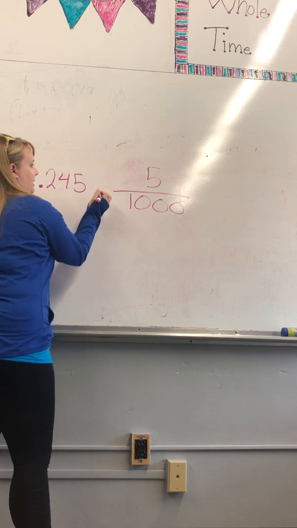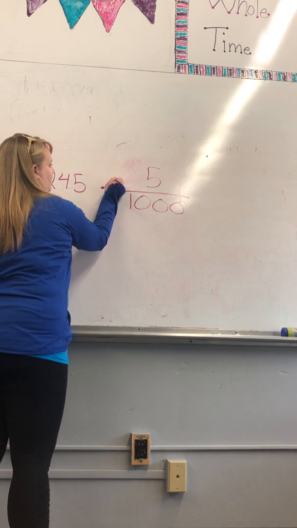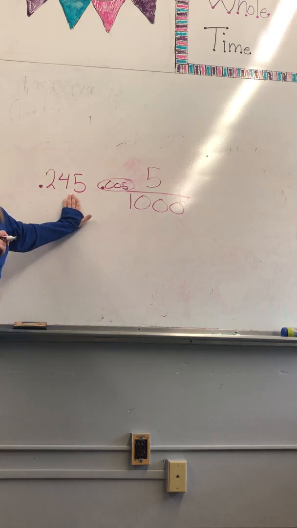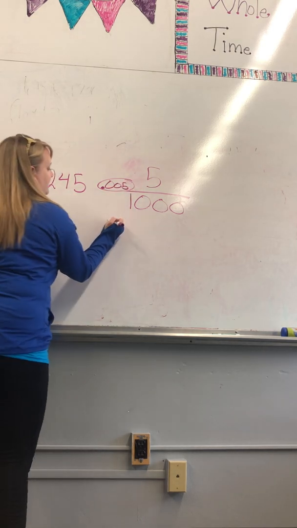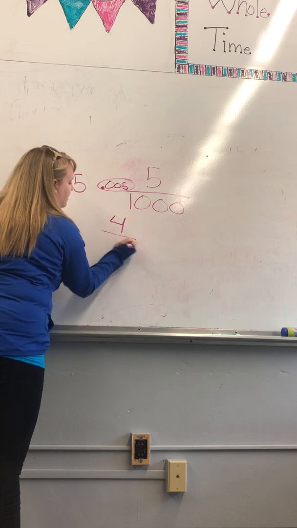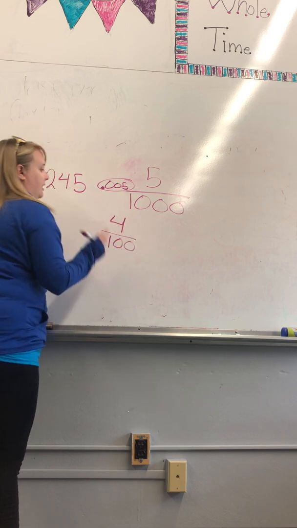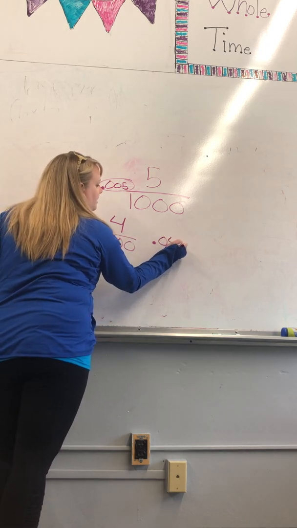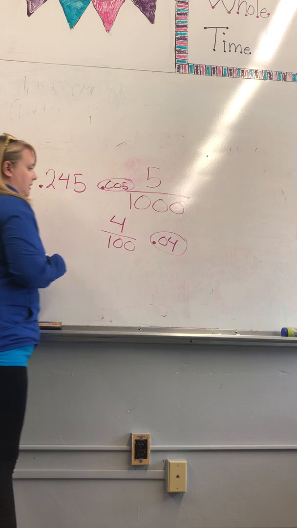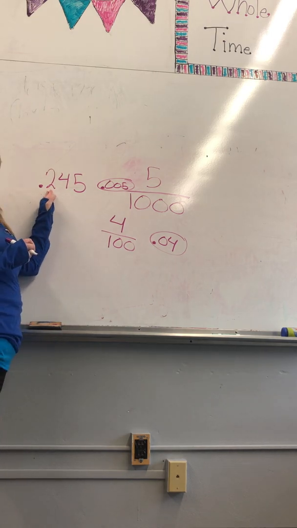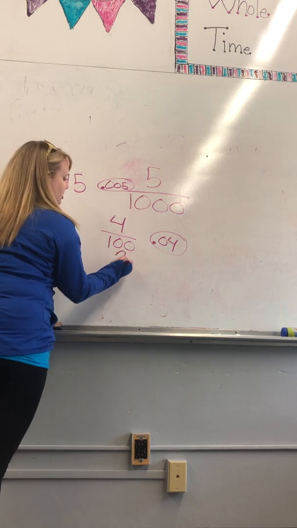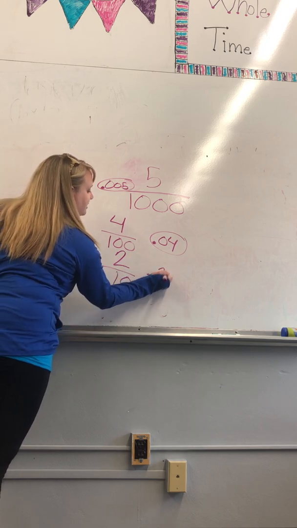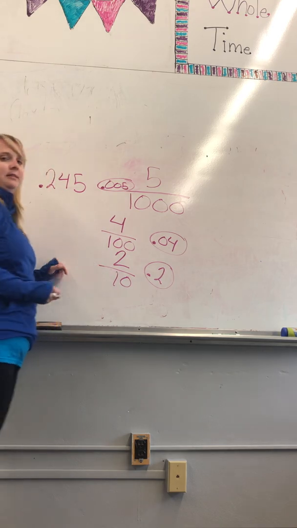That can also be written as just the decimal, okay? The value of the 4 in this number is 4 over 100. And as a decimal, it would be written as 4 hundredths. Lastly, the value of the 2 is 2 tenths, which can also be written as 2 tenths as a decimal.